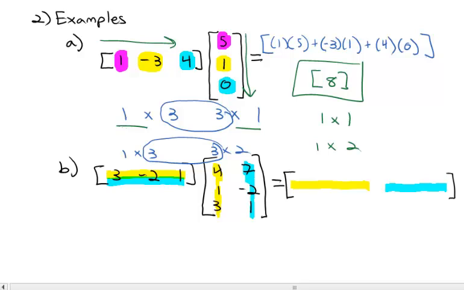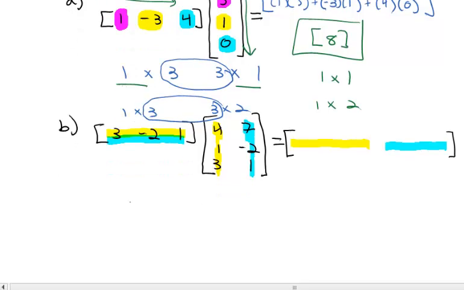So actually working it out then, in yellow, first row, first column, we take 3 times 4 plus -2 times 1, working our way across and down, plus 1 times 3. That is in the first row, first column, so we multiplied the first row, first column.